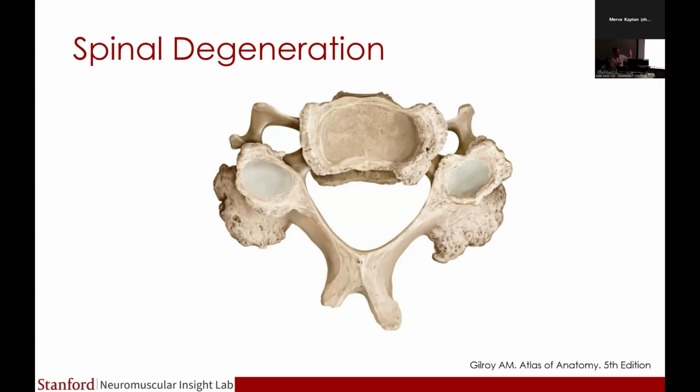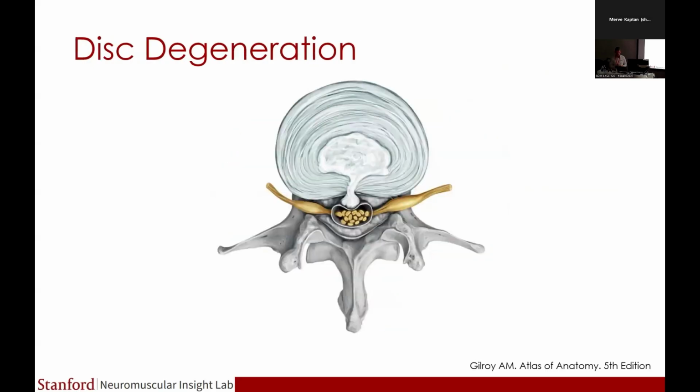And here's an example of some osteophyte formation, where you can see this stuff is no longer smooth, and these changes to these structures can affect the nervous system, and lead to all sorts of different deficits in sensory and motor processing.